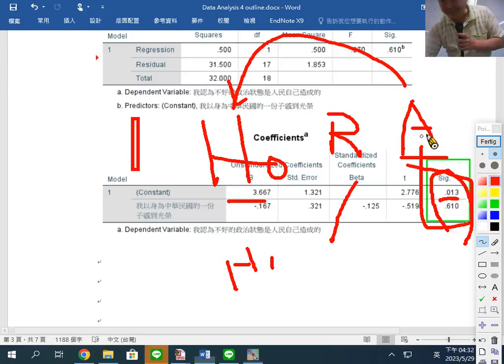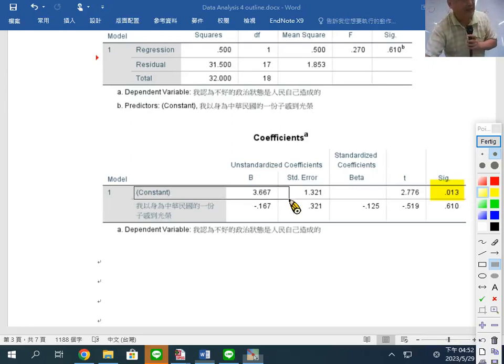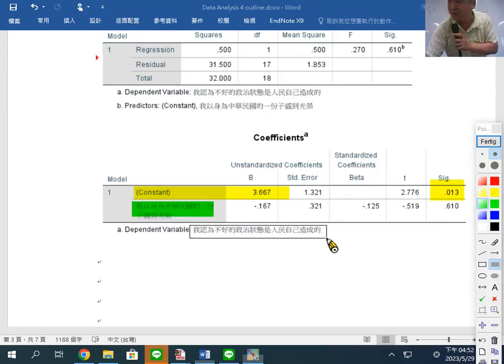Looking here, 0.013 is less than 5%, so the constant B, unstandardized B for the constant, is significant. But this is not an issue, because we are more interested in understanding whether there's a correlation between these two, right? And it says this one, no good.